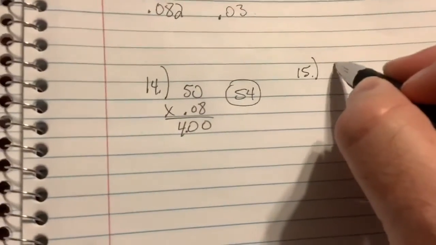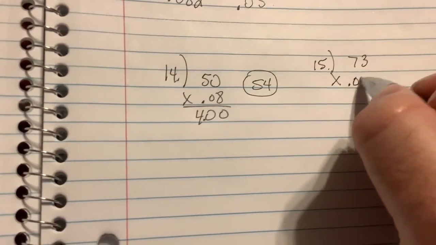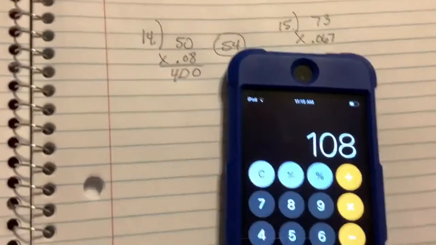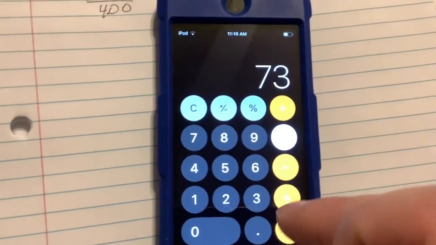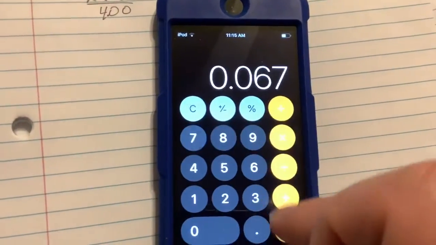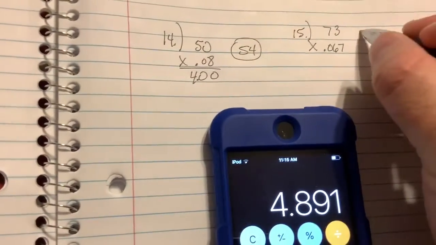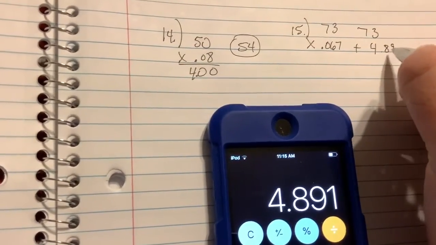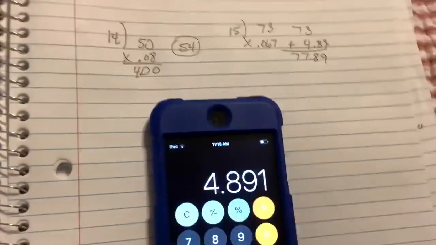Number 15 is a $73 item times a 6.7% tax. So that would be, move it twice, 0.067. Let's do that in the calculator. 73 times 0.067 is 4.89, rounded to the nearest hundredth. So 73 plus 4.89 is $77.89.